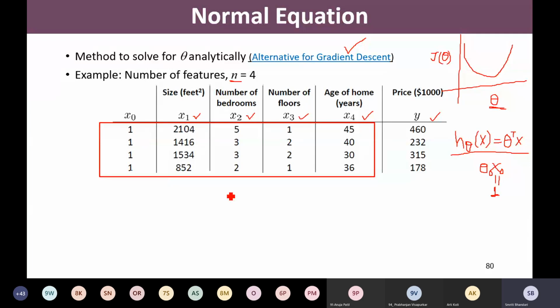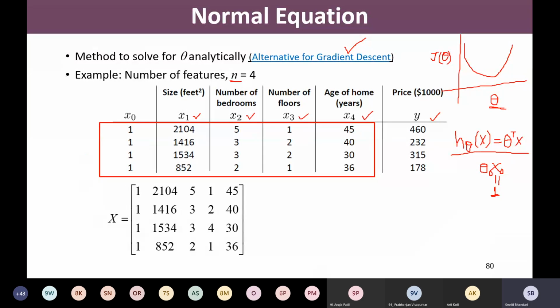So what I'm going to do next is collect all those features and form one matrix. So this capital X is my matrix, wherein I have stored all these feature vectors. This feature vector is the first row in my matrix, corresponding to the first sample.